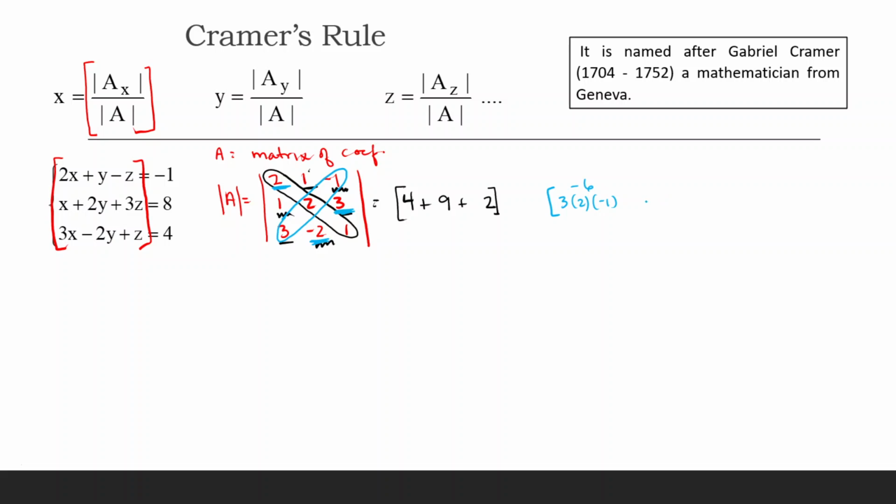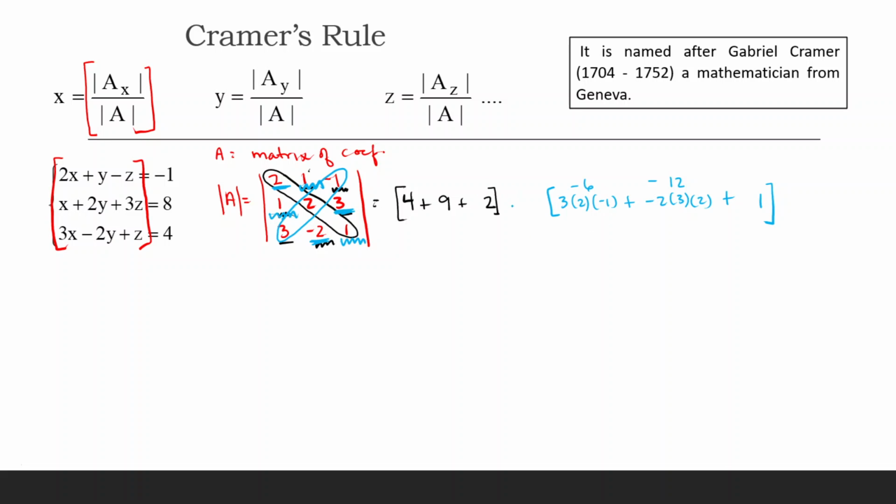So I have negative 2 times 3 times 2, so that's going to be a negative 12. And then finally, I come here to the 1, and I form its diagonal, which wraps around, and I get 1 times 1 times 1. Okay, and I add these together.